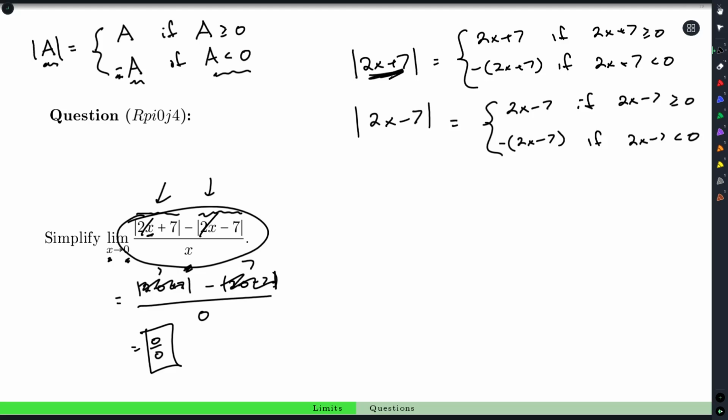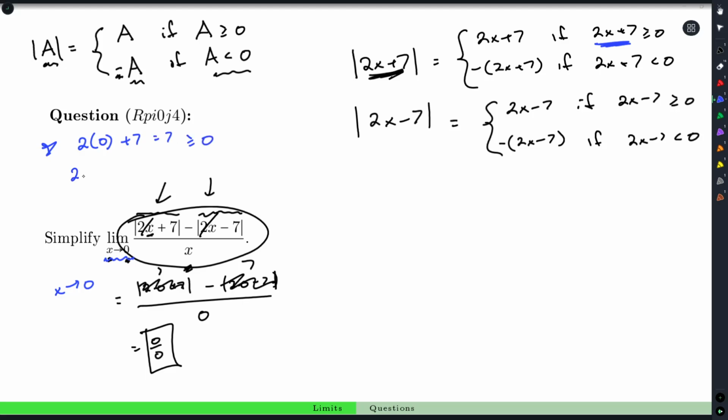Okay, now let's ask ourselves, we're not talking about the whole functions or anything like that, but if x is getting closer and closer to 0, is 2x plus 7 going to be positive or is it going to be negative? Well, we can do a quick little check. 2 times 0 plus 7 is 7. That's decidedly positive.